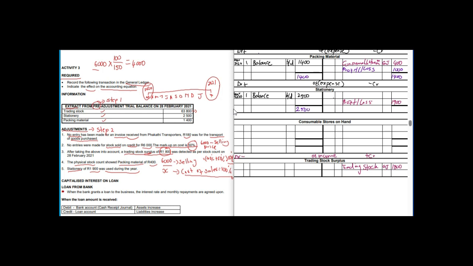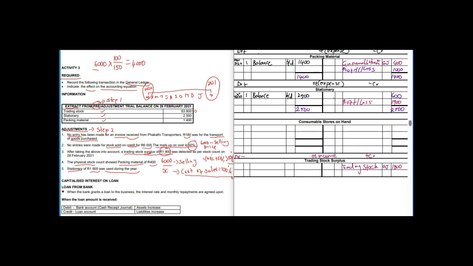2,500. And then whatever you did on your left must be made on your right, 2,500. Then 2,500 subtract 1,900, and we find out that stationery left at the end of the financial year is 600.